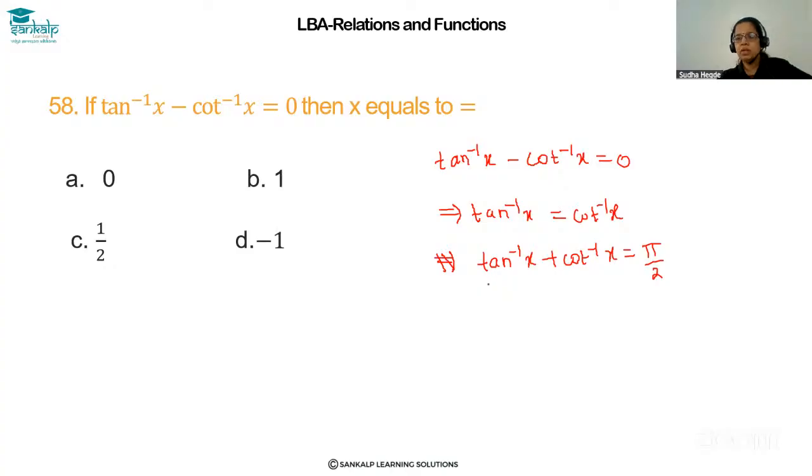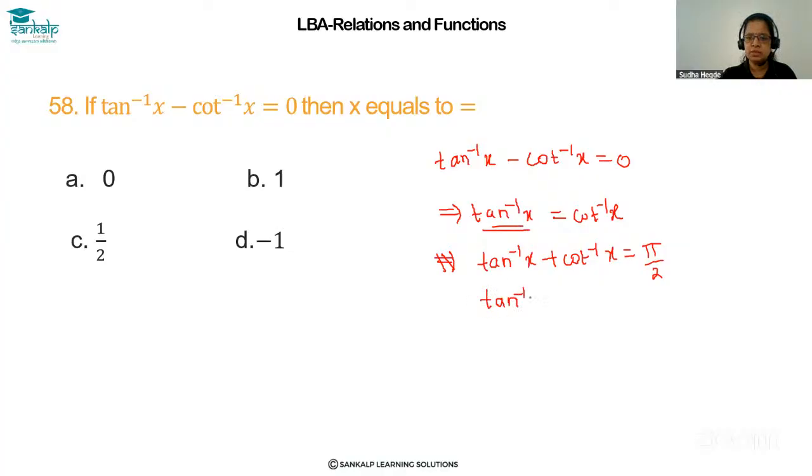We have tan inverse x plus cot inverse x is equal to pi by 2. But here we got tan inverse x is equal to cot inverse x. So in place of cot inverse x, you can substitute tan inverse x. So what you got?